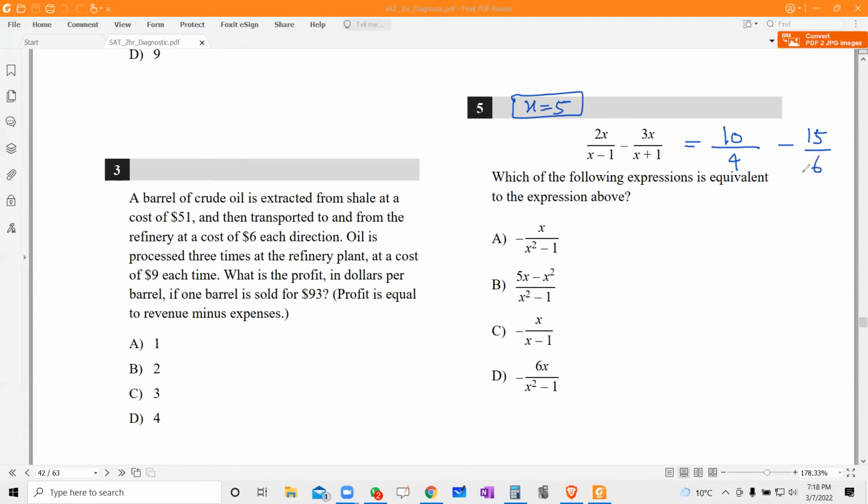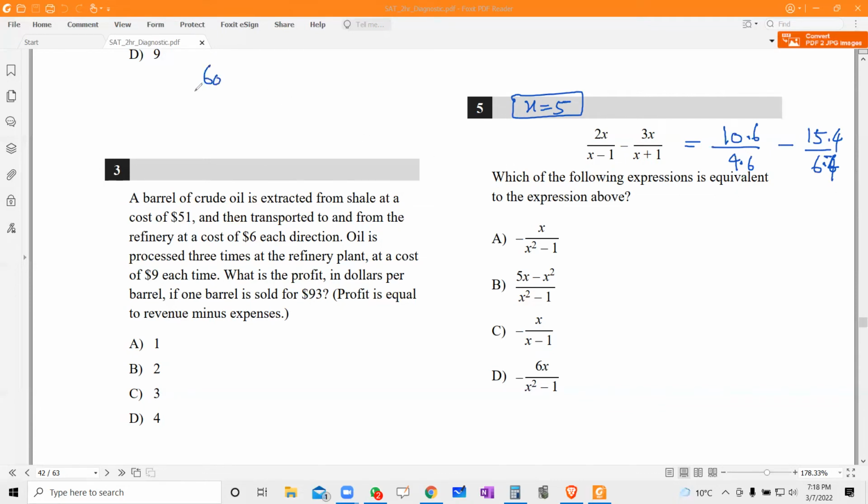Then for the common denominator, we put 10 times 6, 4 times 6, and 10 times 6. Yes, so 10 times 6 is 60.